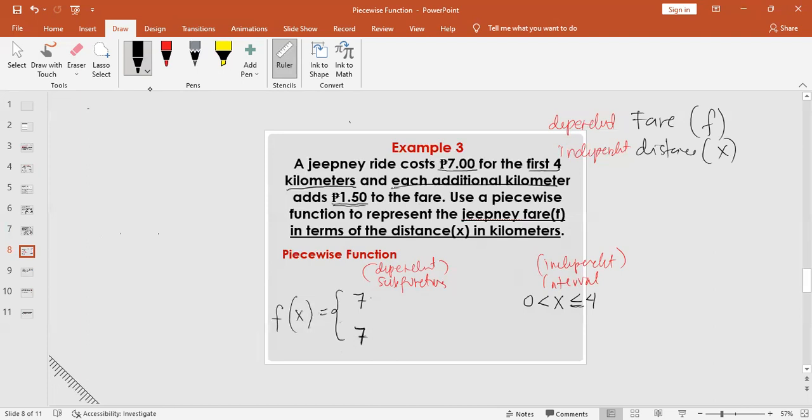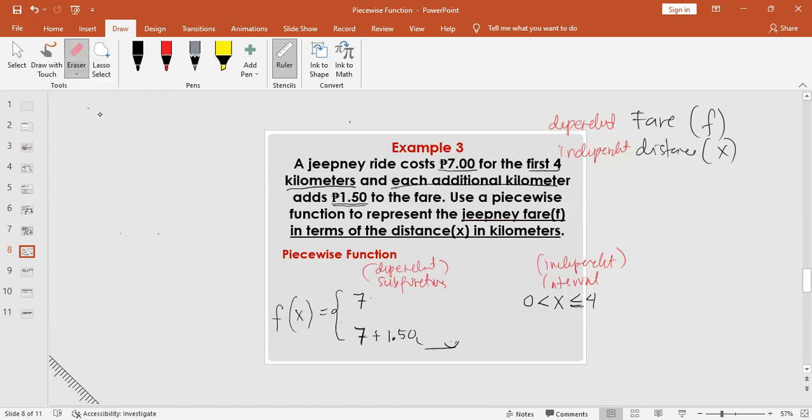So, may 7 pesos ka nang babayaran plus 1.50. Siyempre, we have to put a variable. Saan natin ilalagay? Hindi pwedeng 7 plus 1.50 lang kasi nakafix lang yan sa 5 kilometers. So, maglalagay pa tayo class ng x minus 4. Kasi magdaragdag kayo ng 1.50 kung sobra lang sa 4 kilometers. Kaya meron tayong x minus 4.